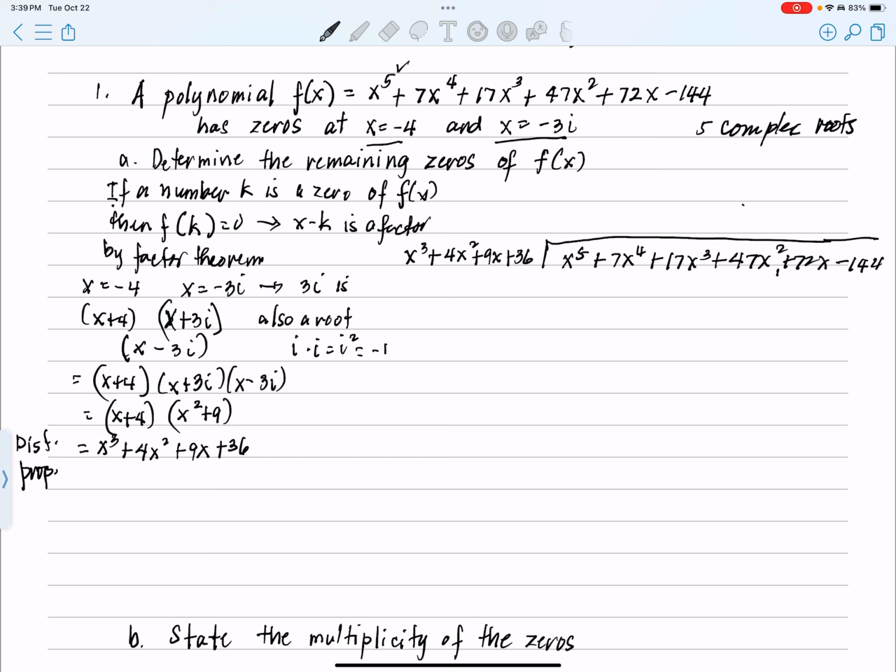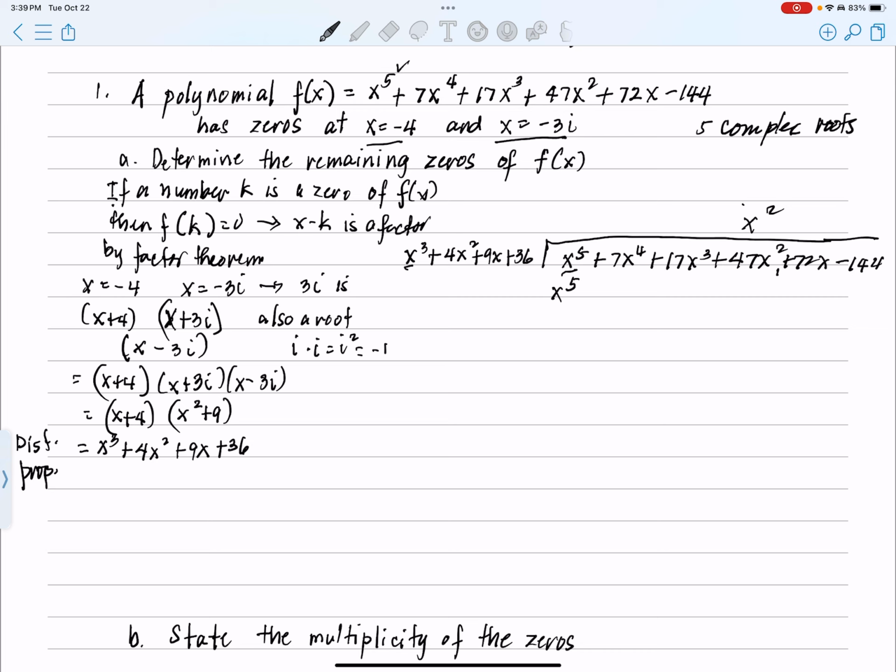So the first is x to the fifth divided by x cubed. What am I going to multiply to make the term x to the fifth power? I will multiply x squared, because x squared times x cubed is x to the fifth power.